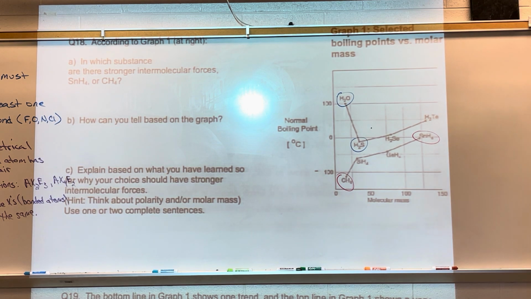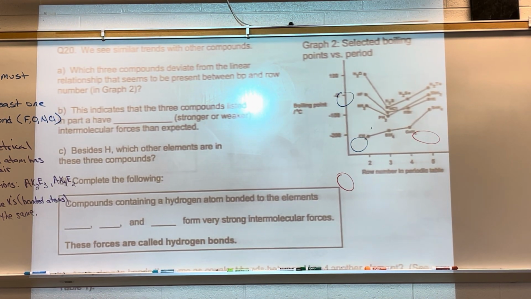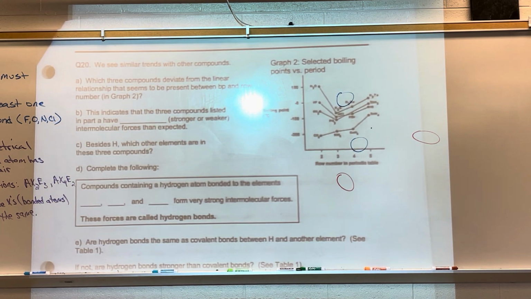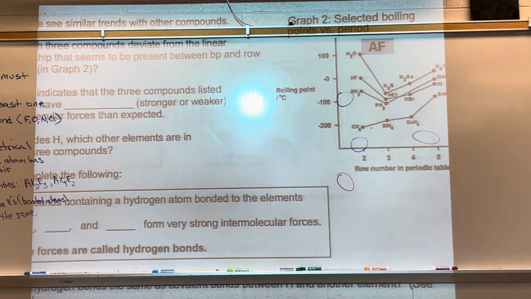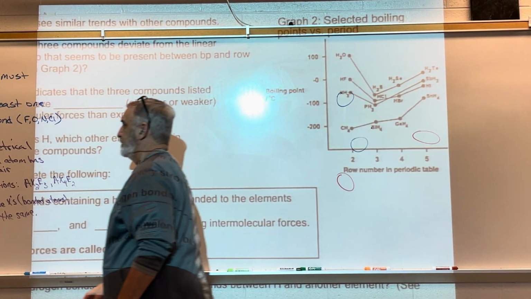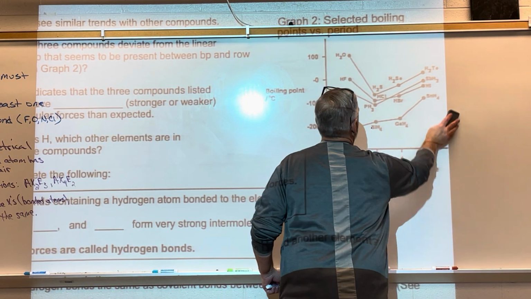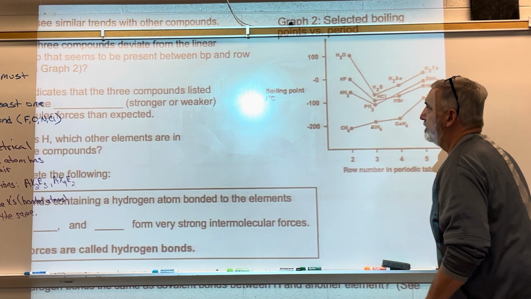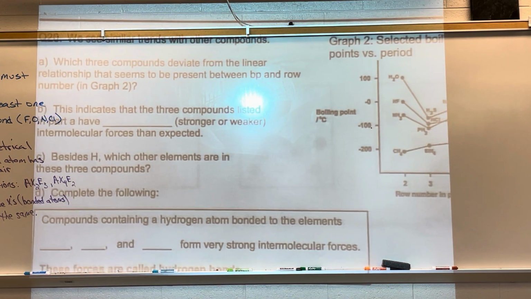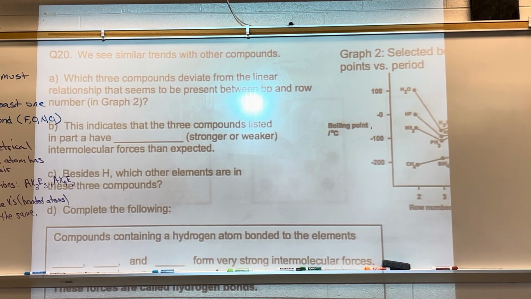All right, so let's turn the page. Last page, let's get through this. Now, I'm going to make this bigger, so we can read it more clearly. So, we see trends with other compounds.